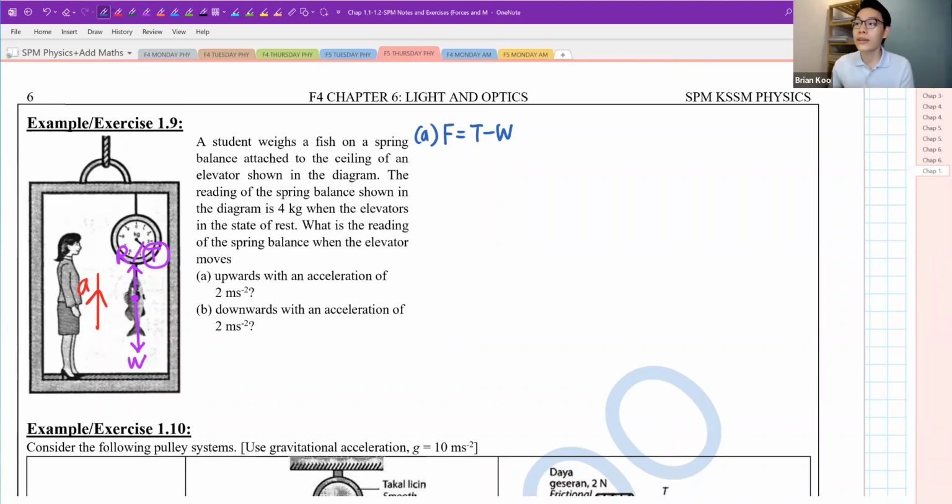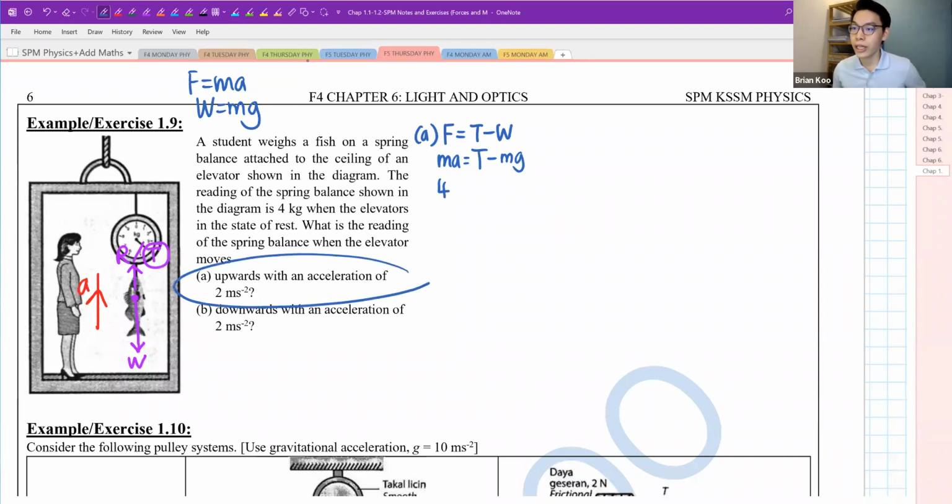What are we looking for? We are looking for T. Remember that we are looking for T. But what is F? F equals MA, right? MA, you write first. T is what we are looking for. What is W? W equals mg. What is the mass of this fish? 4 kg.